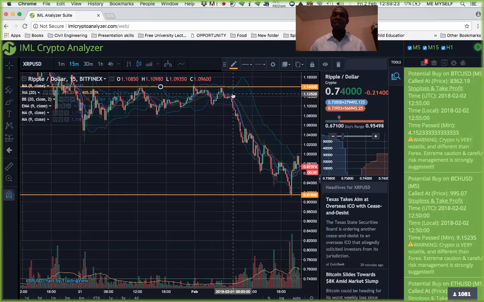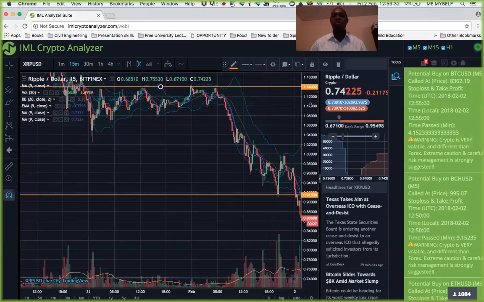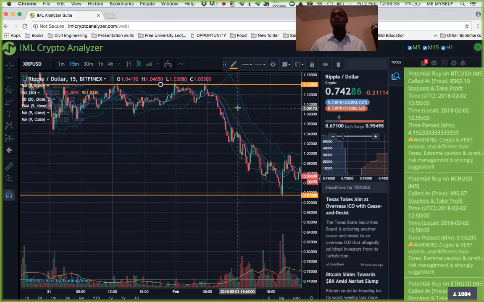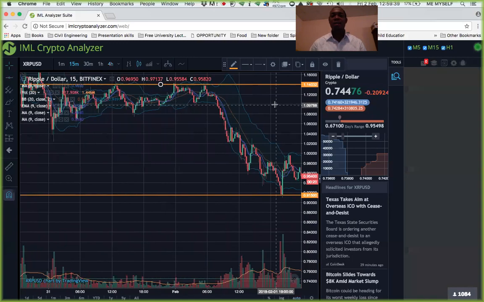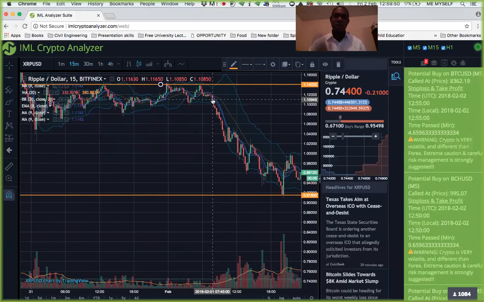It came back, touched the moving average line, and then closed again below that moving average line, right? So you could comfortably say we're looking for the sell side. You could go for additional confirmation for this candle to push and close and start pushing away from the moving average line a little bit. Then you go in for a sell.